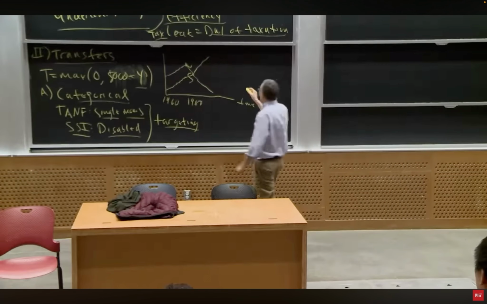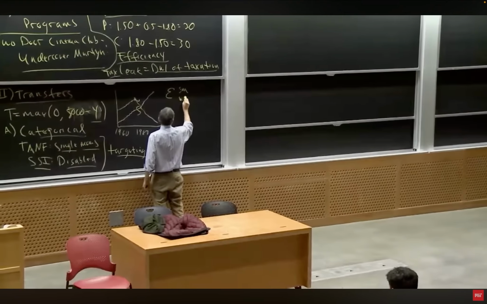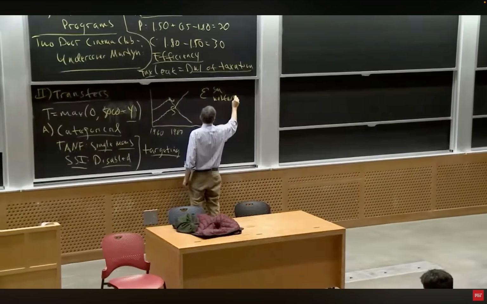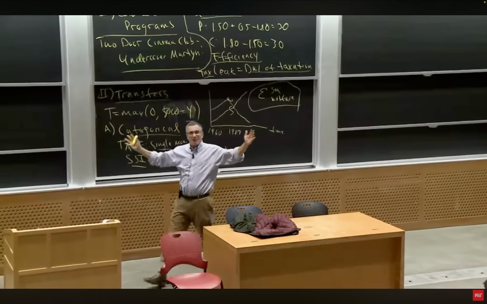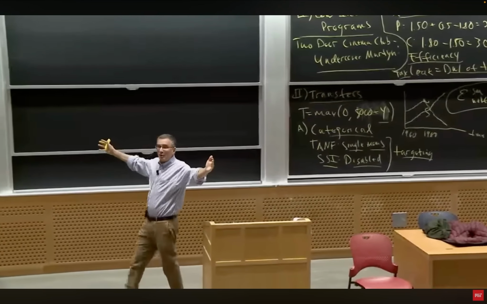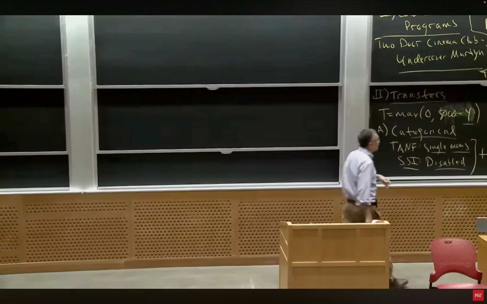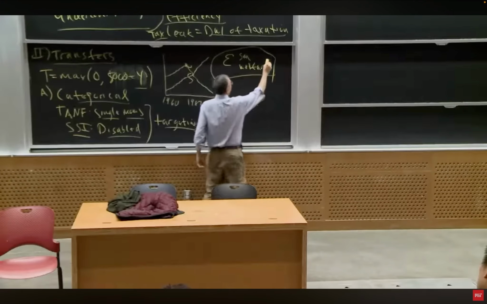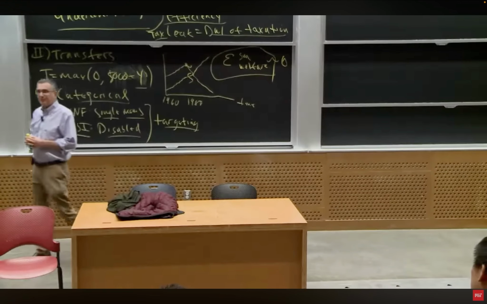What drives it is the elasticity of single motherhood with respect to welfare. That's the key parameter, the key elasticity that drives the dead weight loss. The more elastic single motherhood is with respect to welfare, the more inefficiency we get by targeting single motherhood. But it turns out this is approximately 0. So it turns out this is a pretty good way to target people.